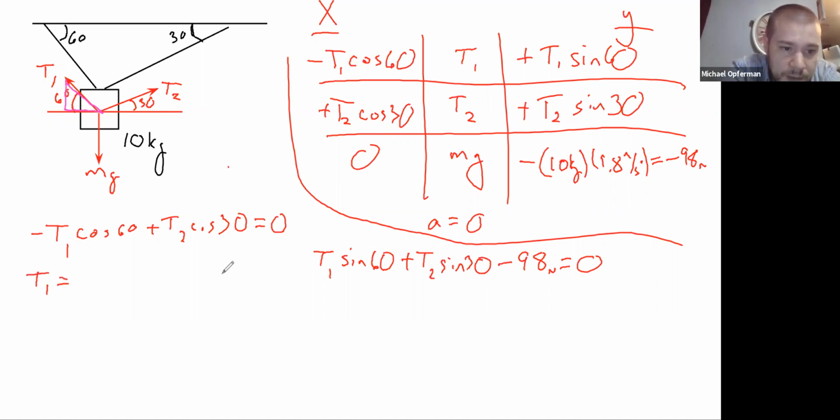So T1 is going to be T2 times cosine 30 over cosine 60. And that would be, let's get some numbers in here. Cosine 30 divided by cosine 60 equals 1.73.